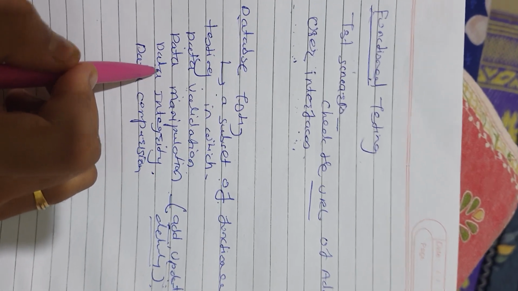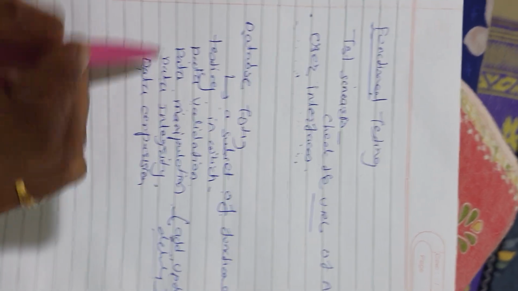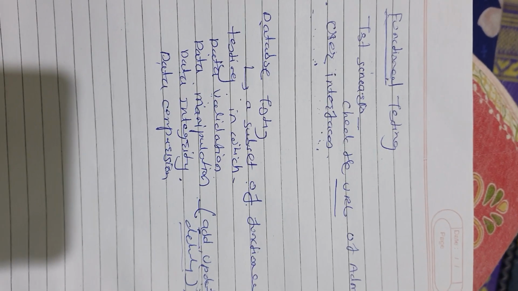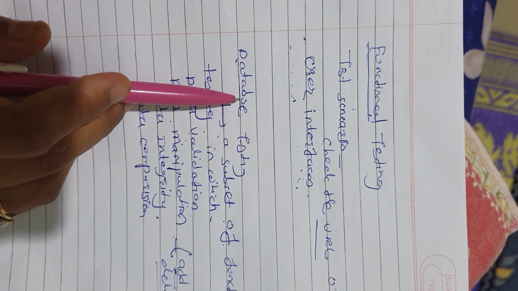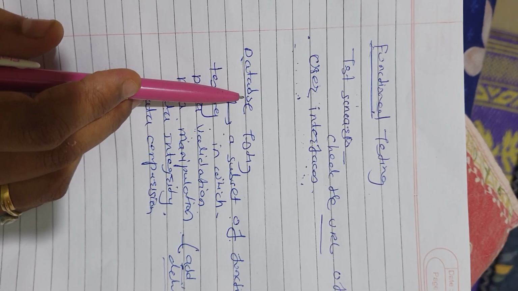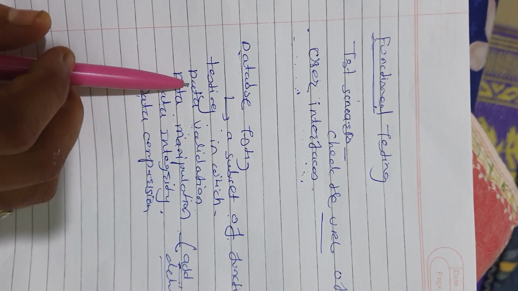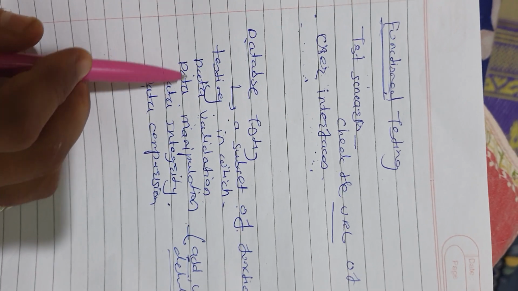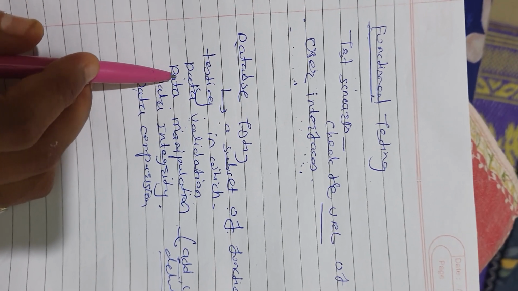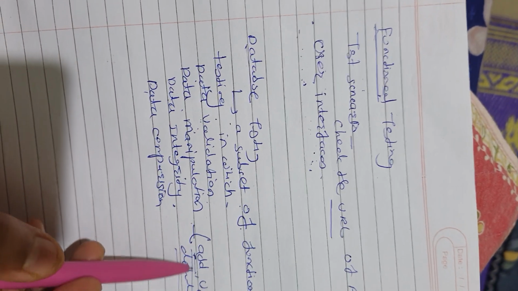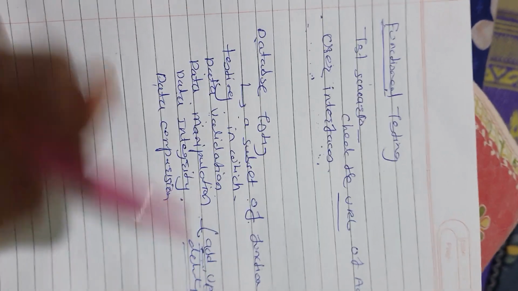Data integrity means multiple data combined together, and data comparison. So what is the test scenario for database testing? Check if correct data is stored in the database or not. Again verify the triggers. Then maintain the record after any updation or any manipulation.